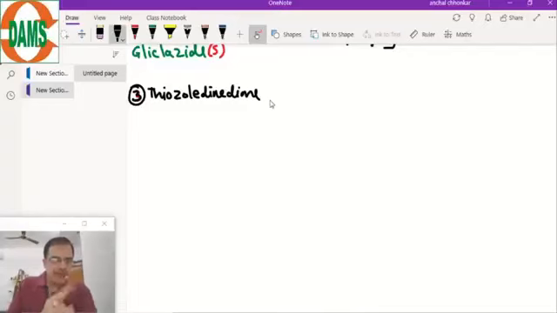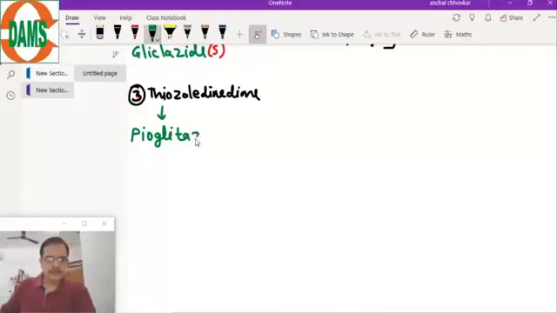Thiazolidinediones. These are the group of drugs which include pioglitazone. If you want to remember the drug, you can just remember the single agent which is most commonly given.